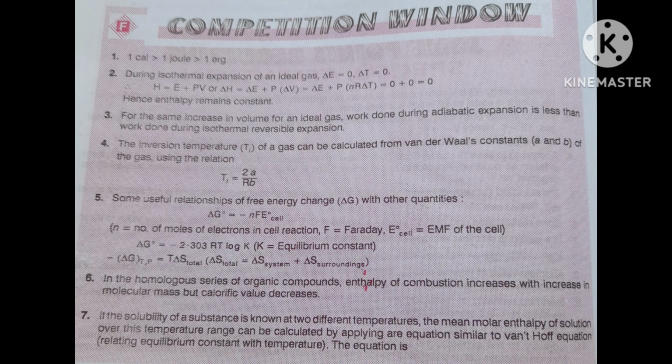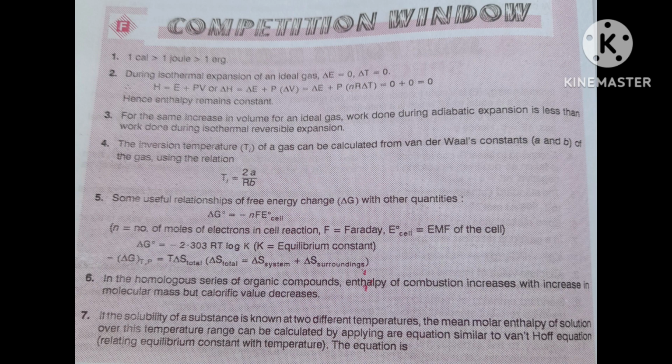At T1, C1 is the solubility, and at T2, C2 is the solubility. Here you should remember that solubility and concentration are not 100% equal, but they are close. C is also used to represent concentration, but the meaning is almost the same.